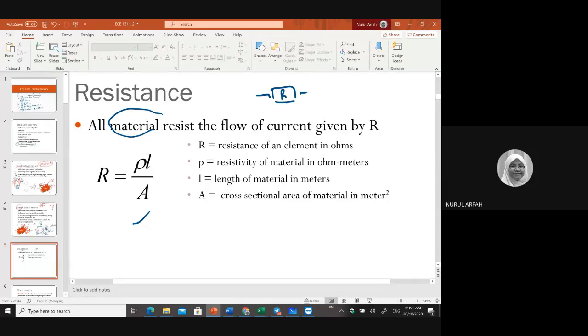Even the wire has its own R, but maybe the wire we have in the lab has a very small R, which is equal to 0. So all materials have their own resistance, including resistor, capacitor, inductor, anything.